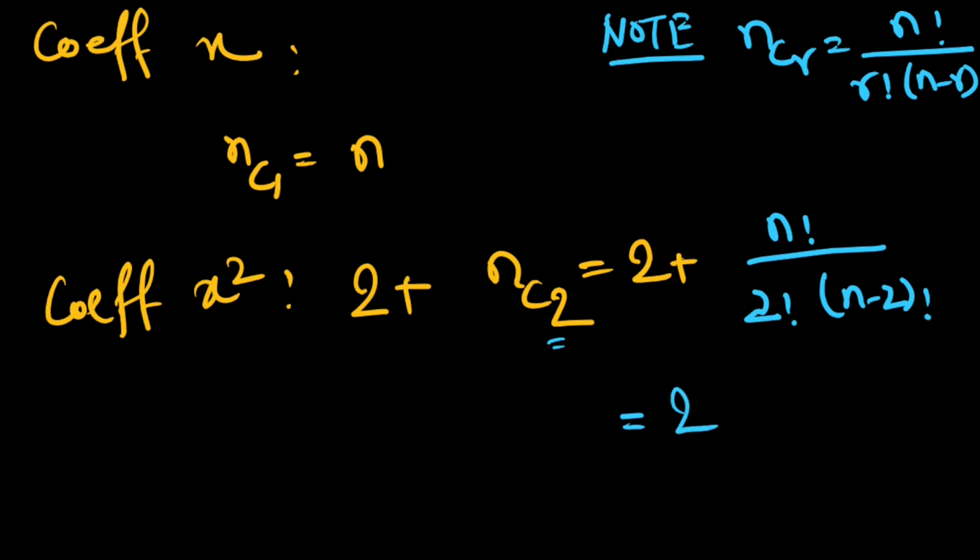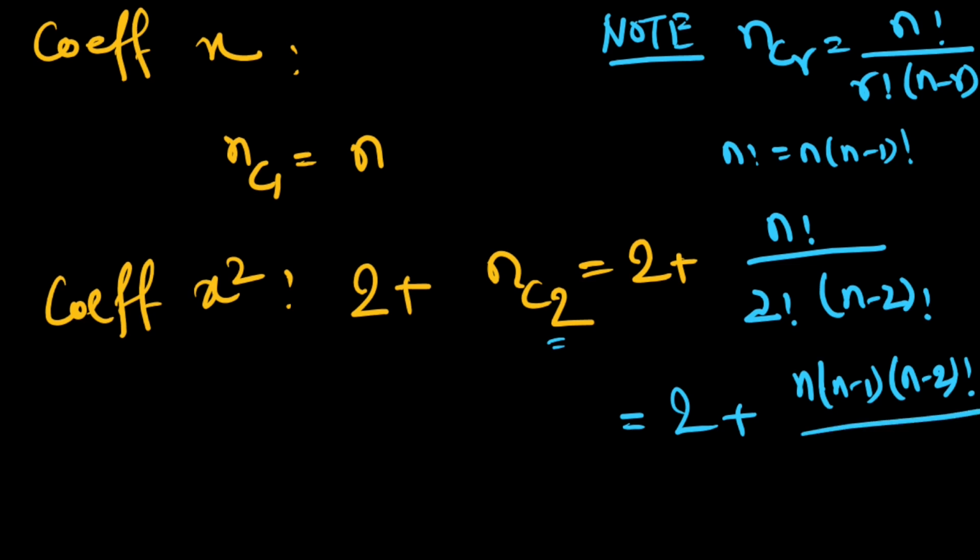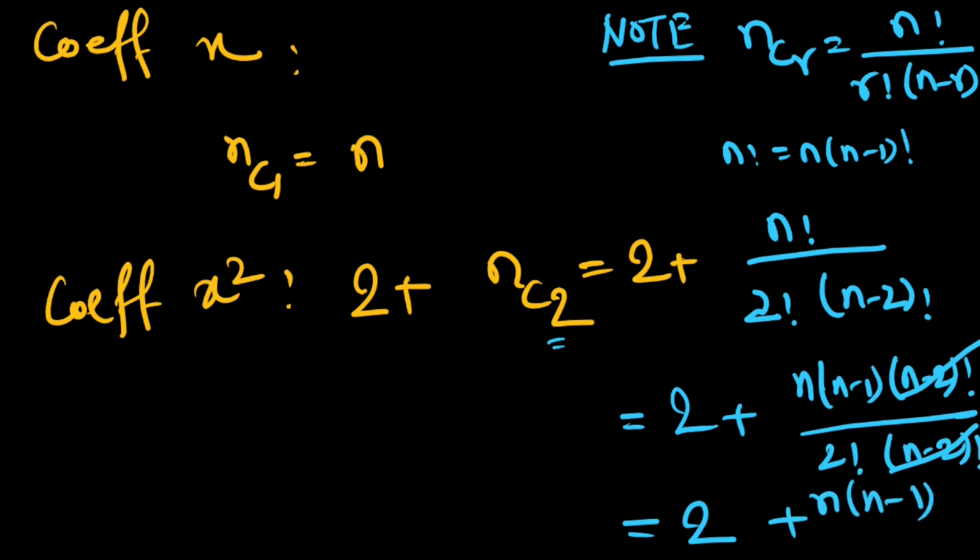Also n factorial is equal to n into n minus 1 factorial, so n into n minus 1, and n minus 1 using the same formula is n minus 2 factorial, over 2 factorial times n minus 2 factorial. So the n minus 2 factorial cancels, and we get 2 plus n into n minus 1 over 2, since 2 factorial means 2.